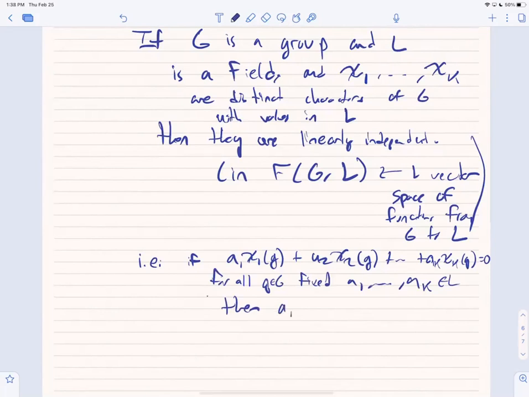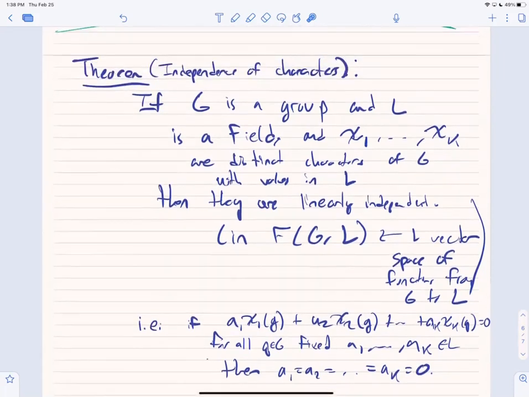Then A1 is equal to A2 is equal to so on, Ak is equal to 0. And a function being 0 is the same as being 0 wherever you evaluate it. So this is what it means for this function to be 0. It's 0 for all G, and this is a linear combination of these things. And saying they're linearly independent means the coefficients have to be 0. This is an expansion of that.